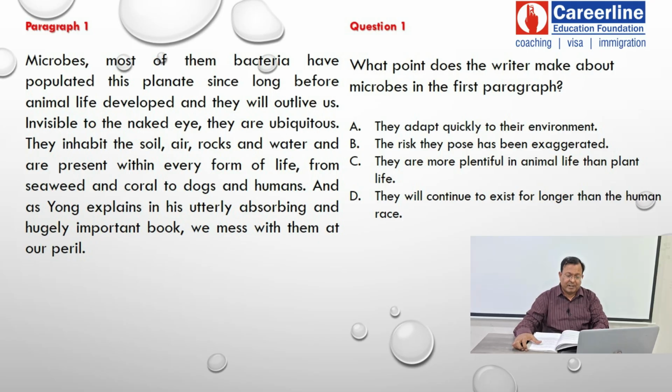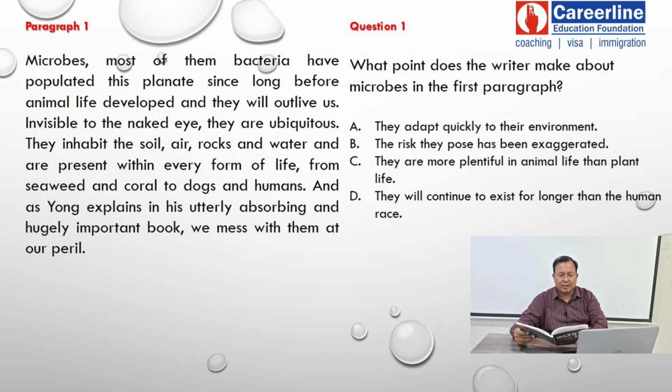So let's get started. Microbes, most of them bacteria, have populated this planet since long before animal life developed, and they will outlive us. Invisible to the naked eye, they are ubiquitous.